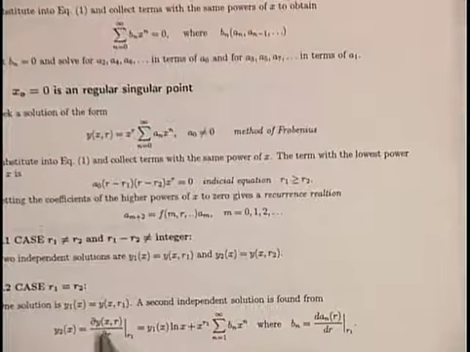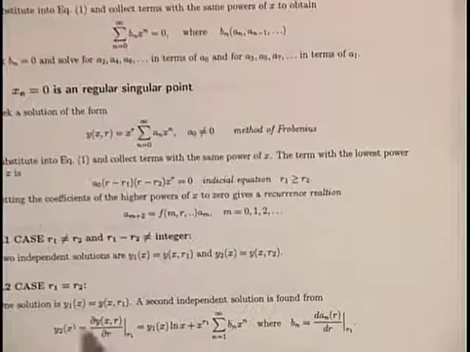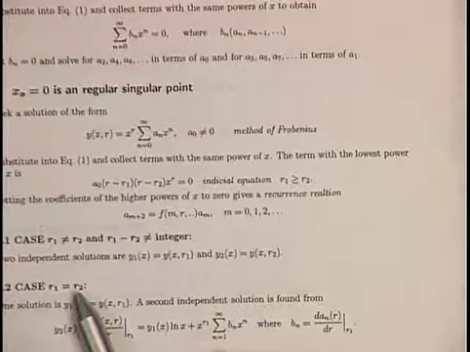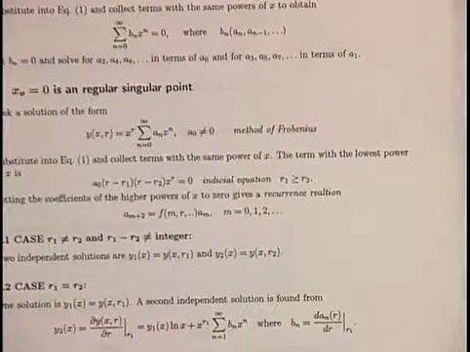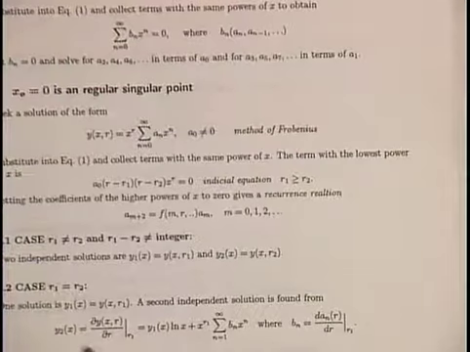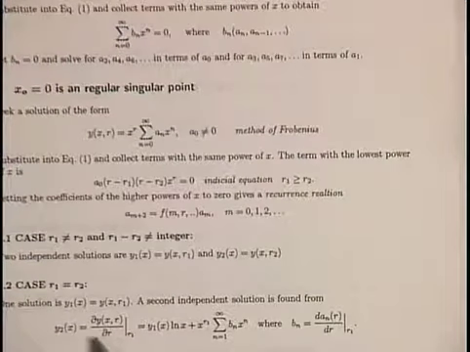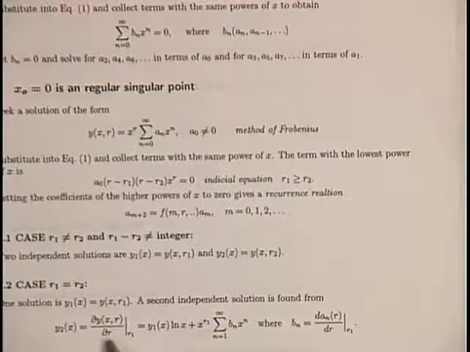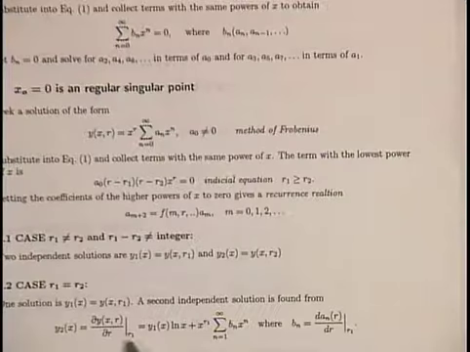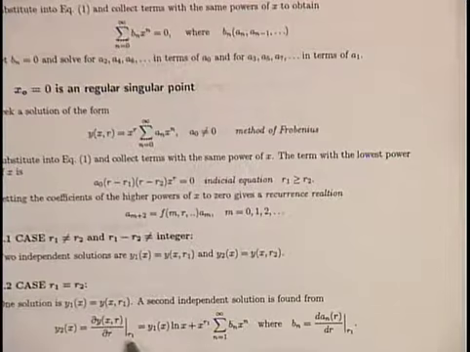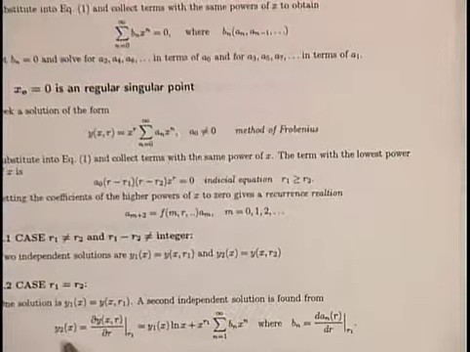The derivative method will depend on whether R1 equals R2 or R1 does not equal R2 but the difference is an integer. If R1 equals R2, you will simply differentiate y with respect to r, and then evaluate this d by dr at R1, and this should be your second solution.